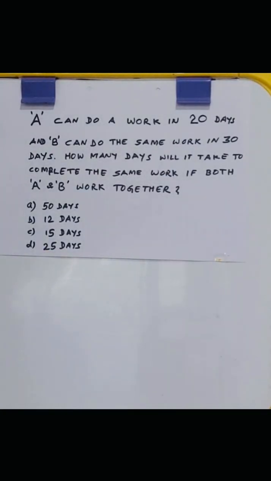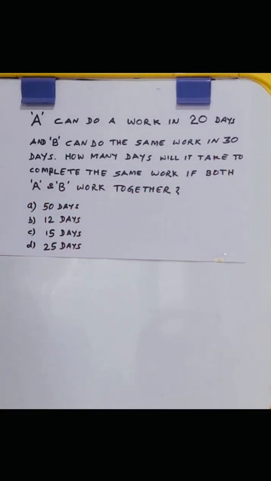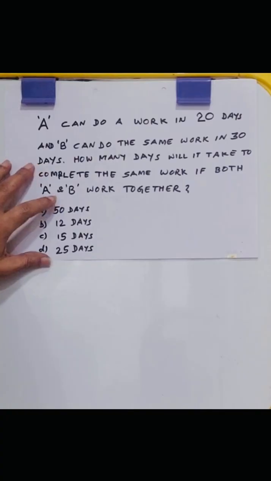This is an example of the question that usually comes. Suppose A can do a work in 20 days. That means there is a work that can be done by A alone. If he does it alone, he takes 20 days to complete that work.